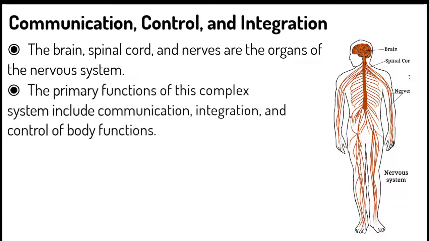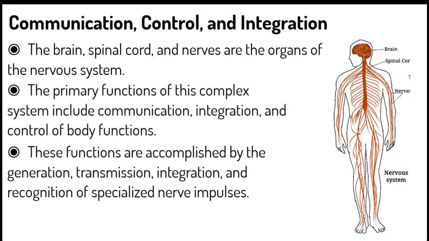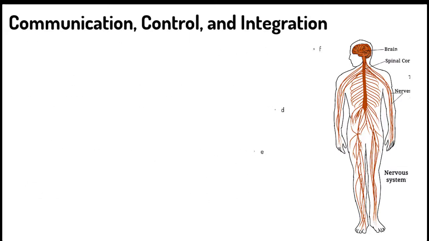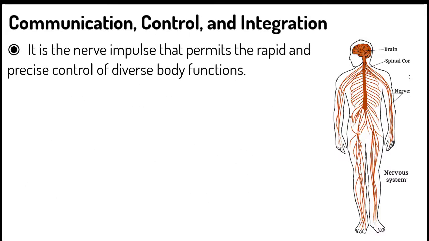The primary functions of this complex system include communication, integration, and control of body functions. These functions are accomplished by the generation, transmission, integration, and recognition of specialized nerve impulses. It is the nerve impulse that permits the rapid and precise control of diverse body functions.